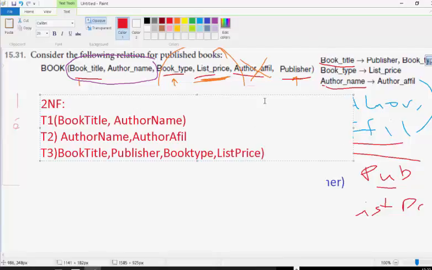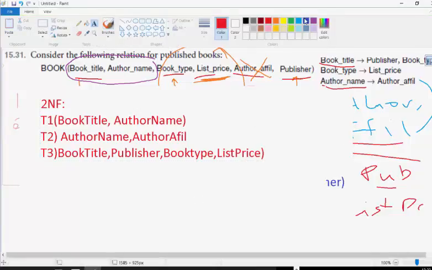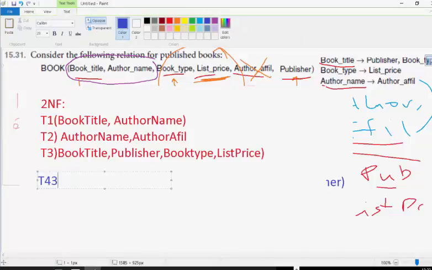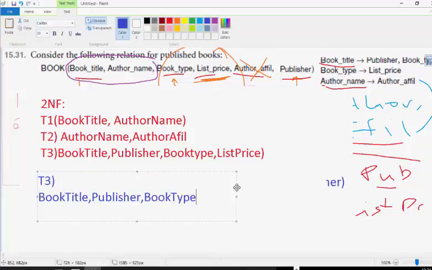Alright. And then in third normal form, what's going to happen? Okay, so T3, that table is going to be broken up because book title was leading to publisher and book type. But book type was leading to list price.